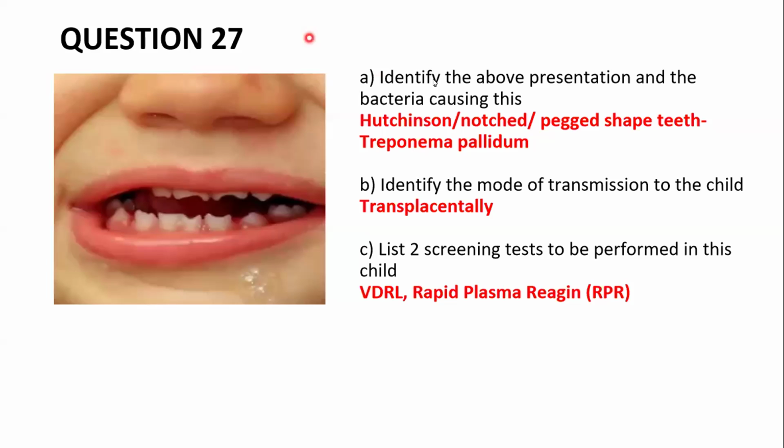A saddle nose. These Hutchinson's teeth. A short maxilla, very good. And then what cranial nerve is mainly affected in congenital syphilis? In case I would have asked that, what cranial nerve is mainly affected?